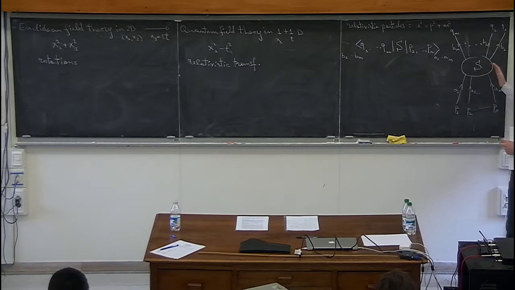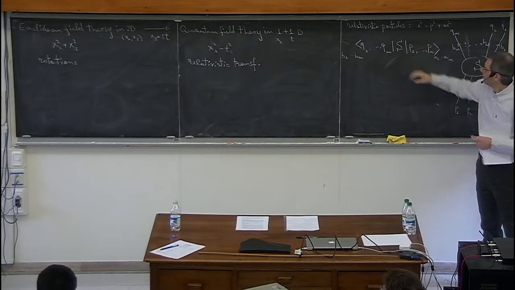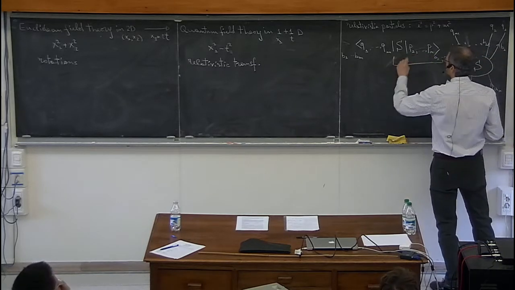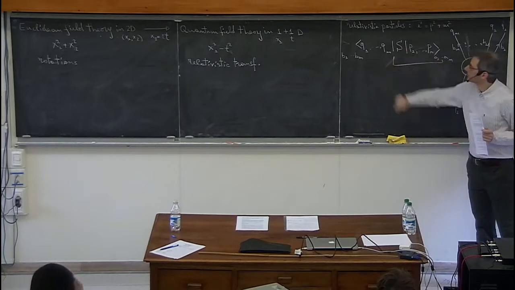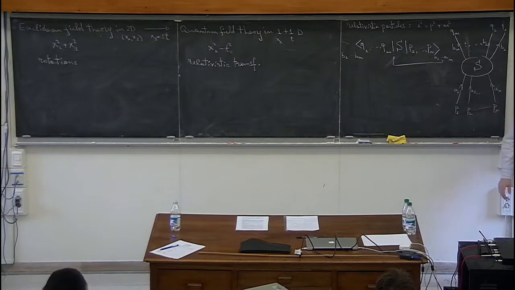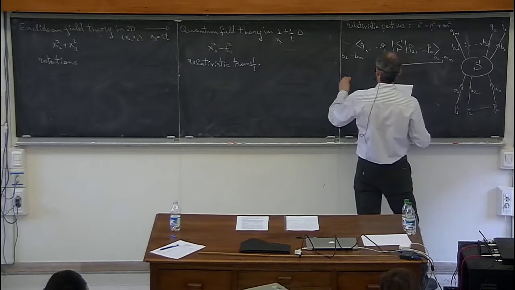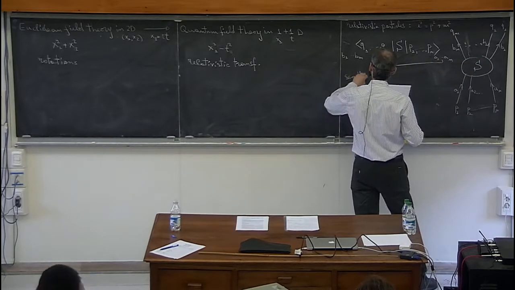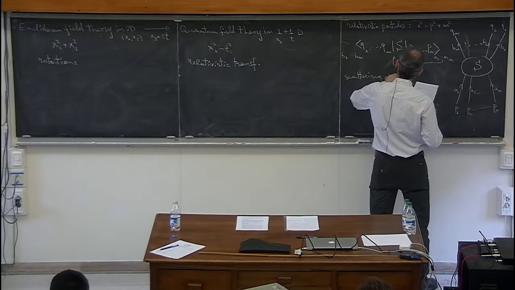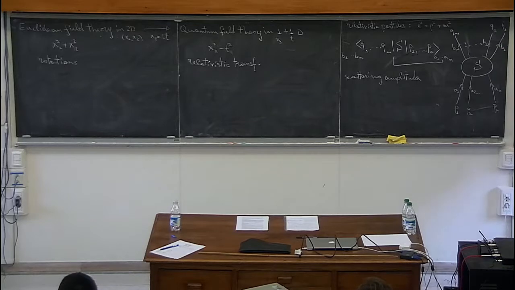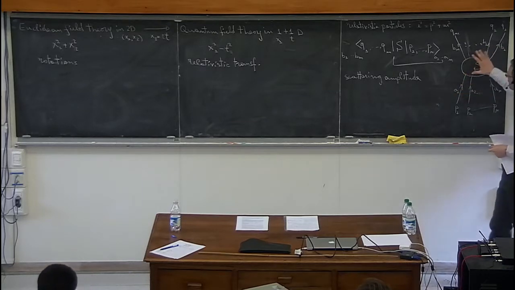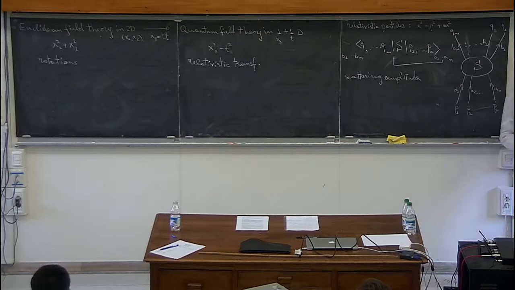And then for the probability amplitude to have this final state, I will project the state I get from the action of S onto the final state I want to characterize. So this is the probability amplitude or scattering amplitude for this process. As I said, the probability for the process is the modulus square of this amplitude.